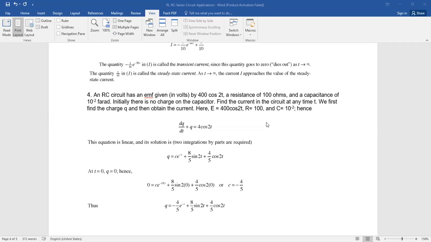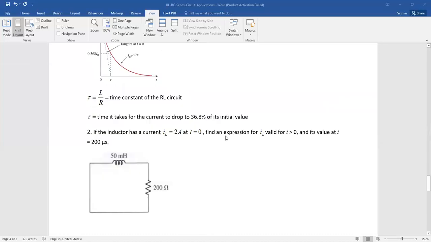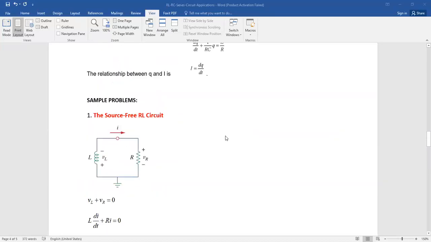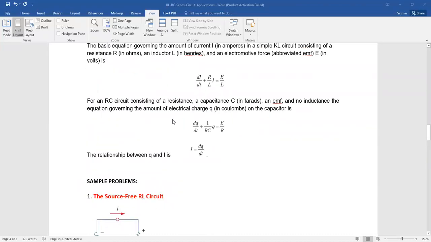Now, what do we do to find the current in the circuit at any time t? We cannot determine the current directly here, class, but we need to go back to the standard DE that we can use for an RC circuit. And that DE is this, the one that I have shown you here on top, the standard DE for an RC circuit.